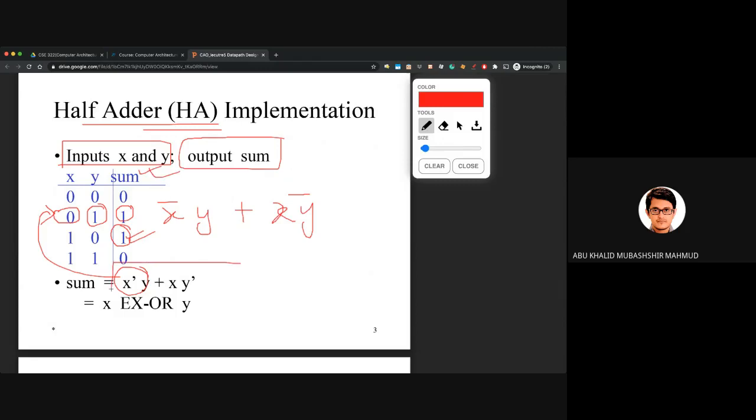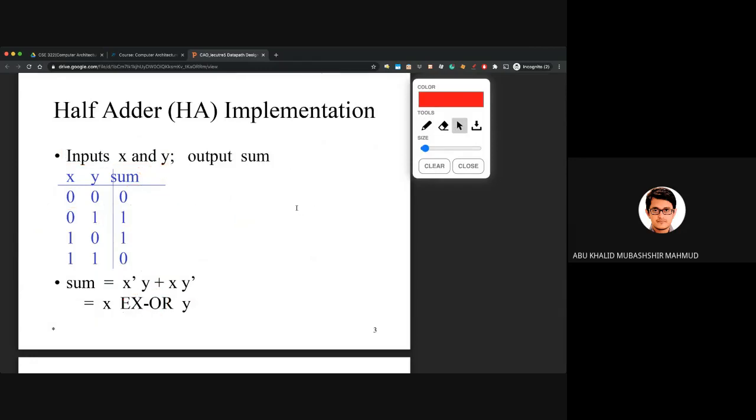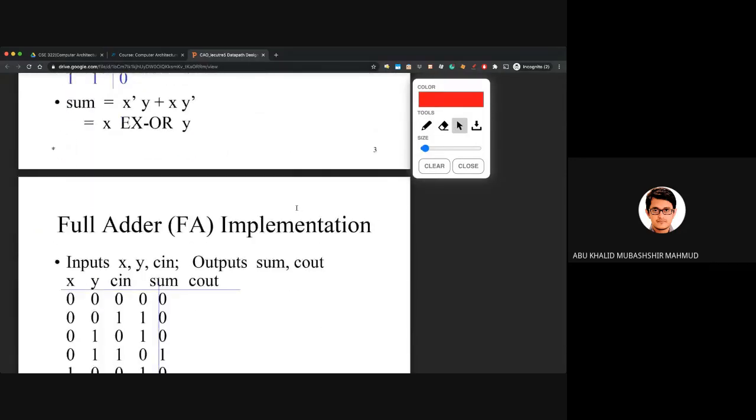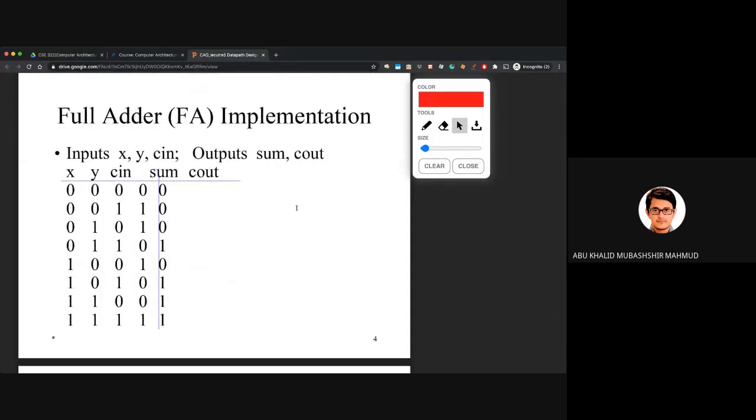Expressing this in algebraic format, we get this expression at the end, which corresponds to the XOR operation. That is what happens right here. I think you get that. It is very familiar to you.